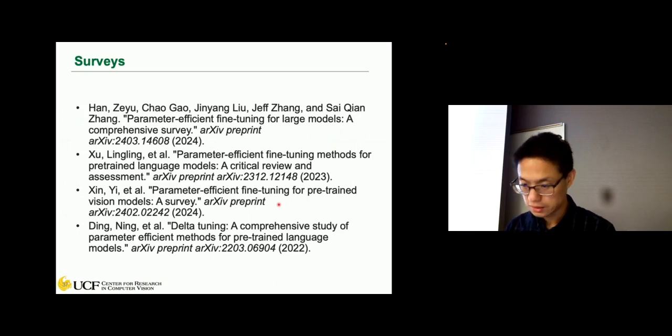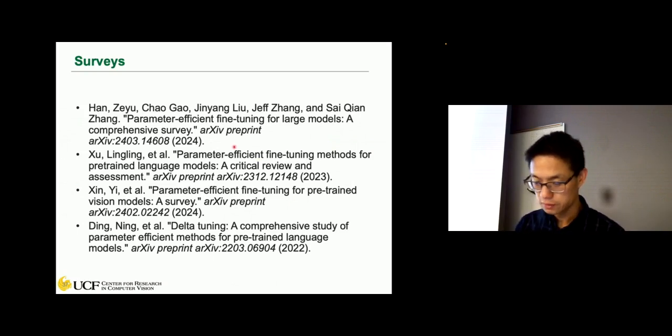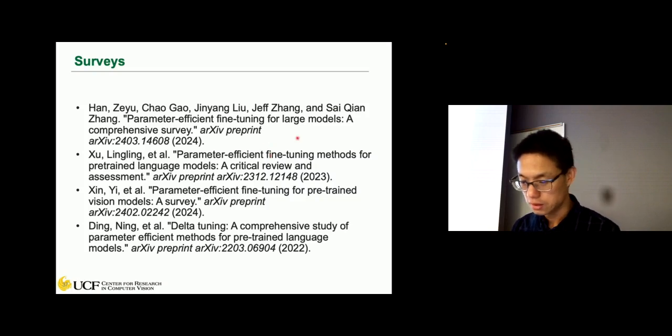Okay, so here I'll give you some surveys. If you really want to dive deeper into this, you can read these survey papers on parameter efficient fine-tuning for large models. Some of them are for language models, some for vision models as well.